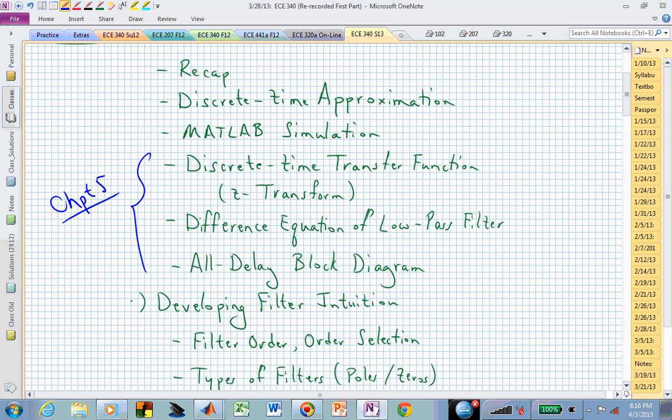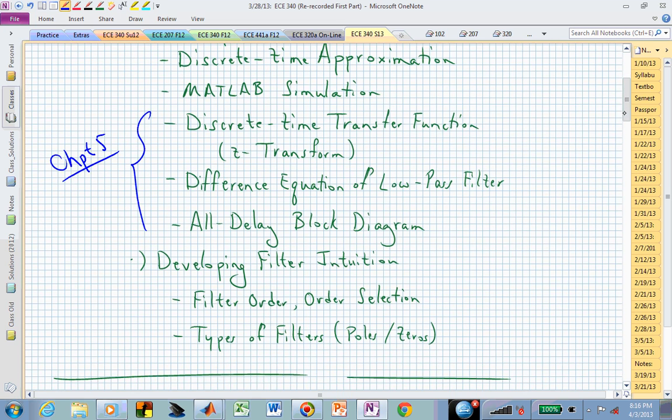You can then cross multiply and obtain difference equations of a low pass filter, and now you have a recursive way of producing a filtered signal, where the original signal might have been noisy and you want to low pass filter it. You can also create an all delay block diagram from that difference equation representation.